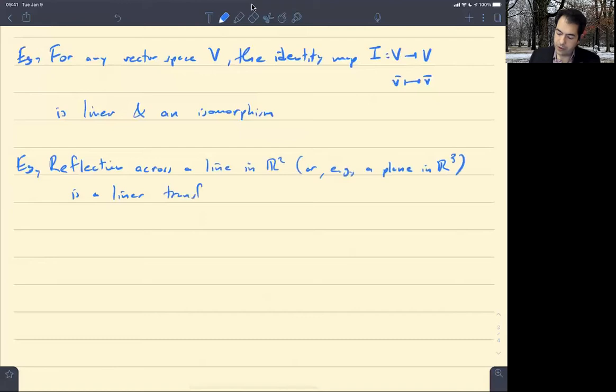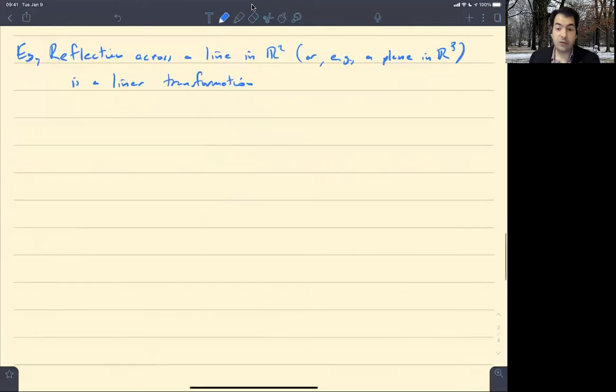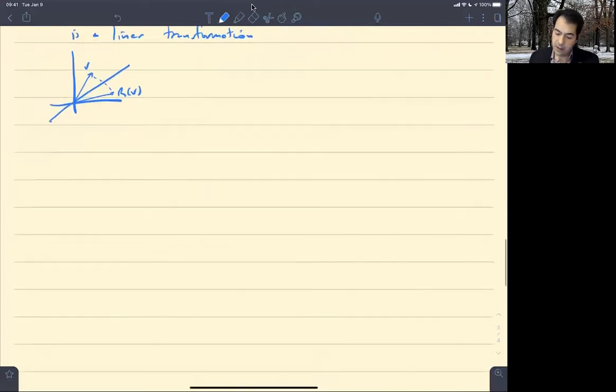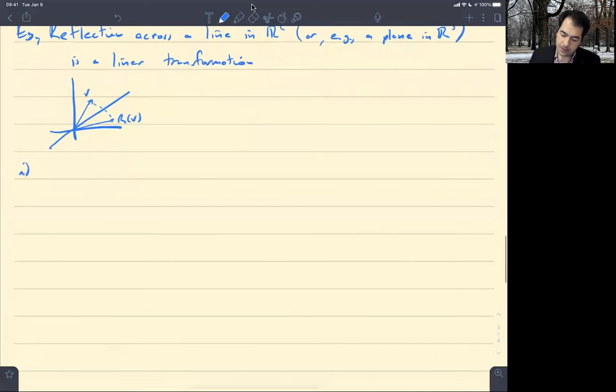It's a linear transformation. Okay, so we're going to try to convince ourselves of this geometrically. Right, so let's draw this. Let's say that that's the line. So then if you have a vector here, then you end up with this vector over here, call it RV. Okay, so additivity.